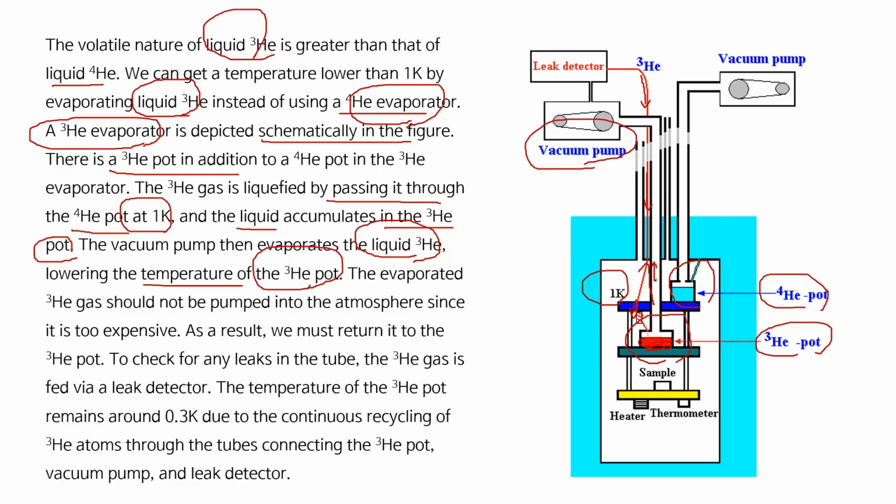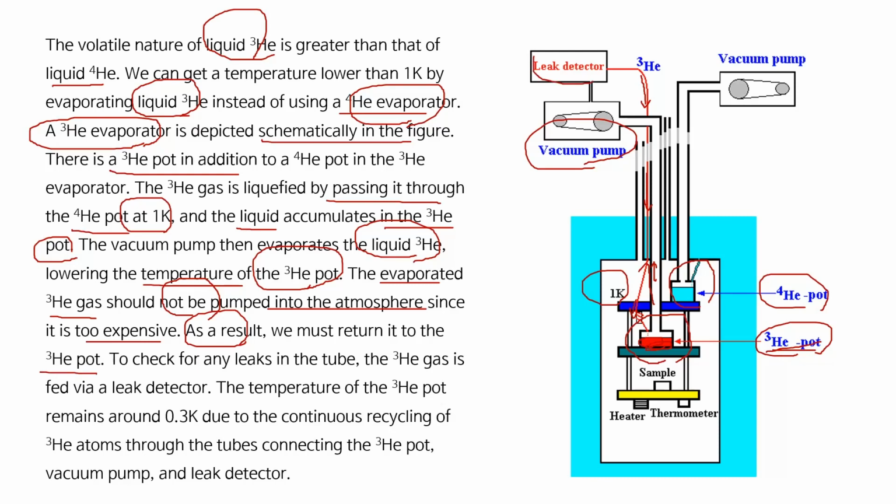Then the temperature of this helium-3 pot will be lowered. The evaporated helium-3 gas should not be pumped into the atmosphere since it is too expensive. As a result, we must return it to the helium-3 pot.